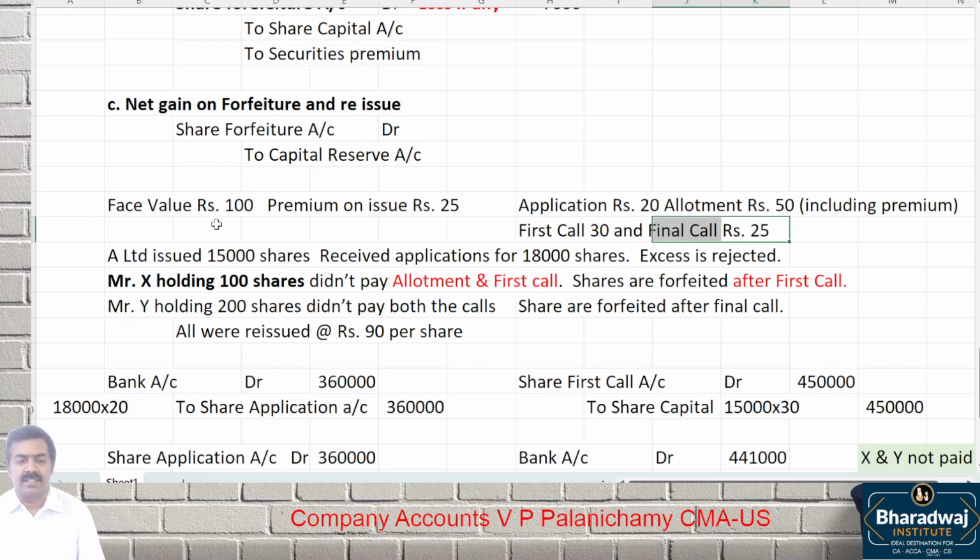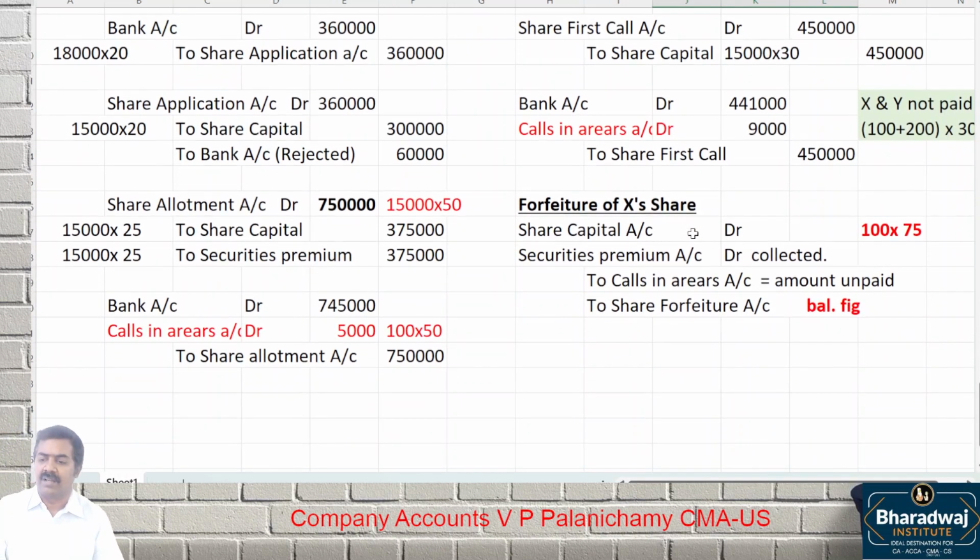Reverse method of thinking: face value 100, final call is not made. Before that, the shares are cancelled. 100 minus 25 will give you 75. Forward method of thinking: application money 20, allotment money 25, first call money 30 for capital. 100 into 75, how much will come? 7,500.